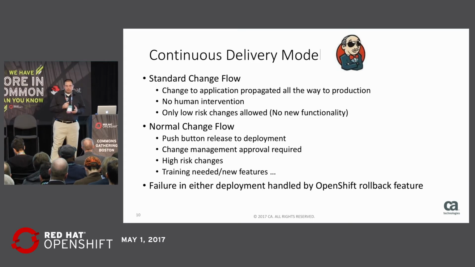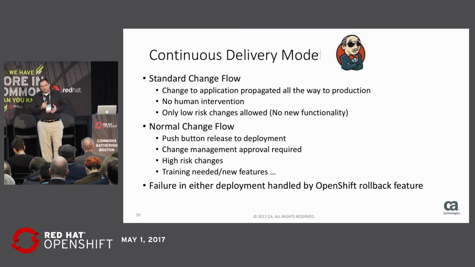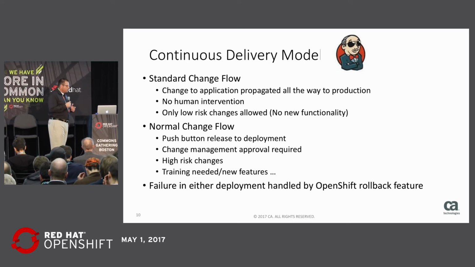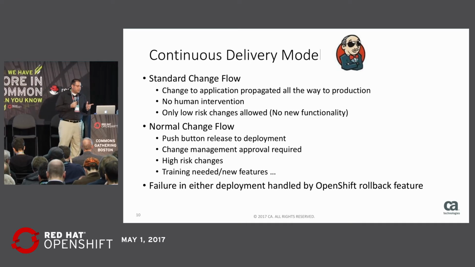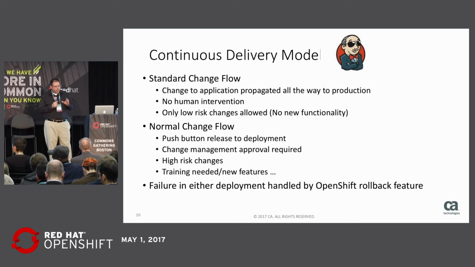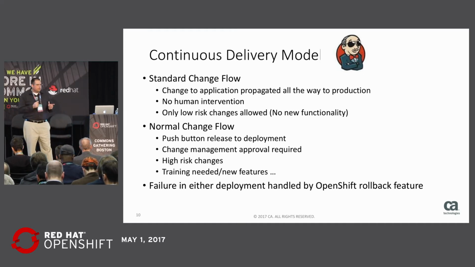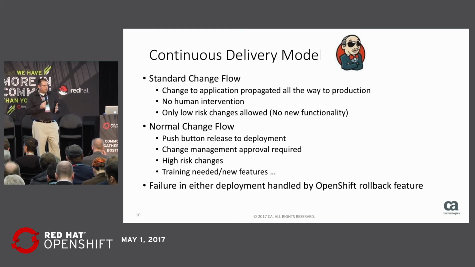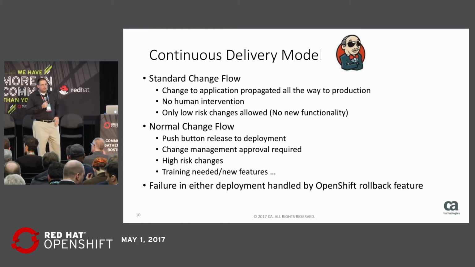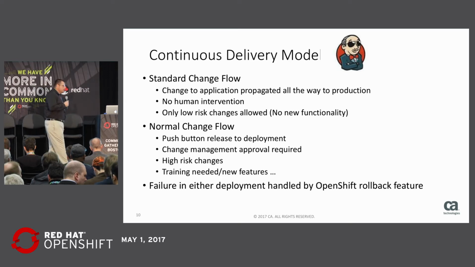It doesn't require a documentation change, no new feature, and basically there's no human intervention. That type of change doesn't have to go through the typical change cycle. It's basically a push by the developers, and it'll go all the way into the endpoint environment.